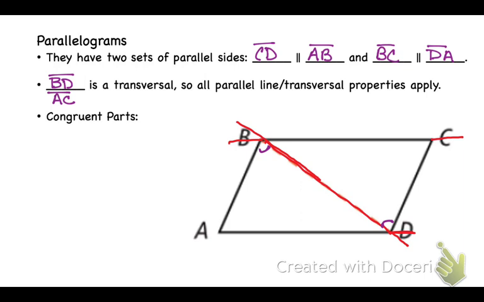Okay, well then that would mean this angle is congruent to that angle. Well then, we said there was another transversal, didn't we? Here. So that would mean this angle is congruent to that angle.